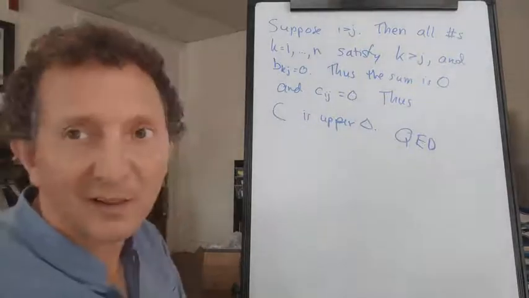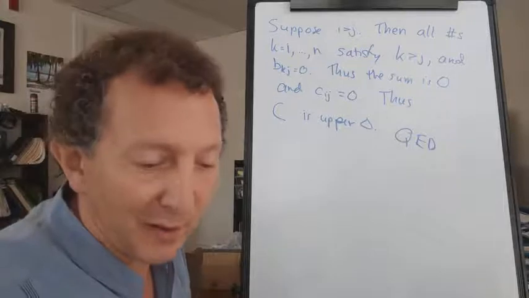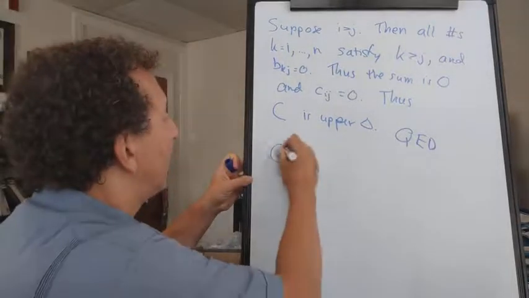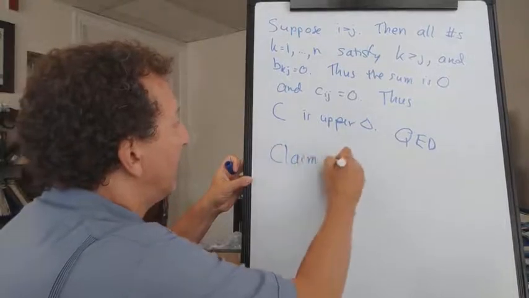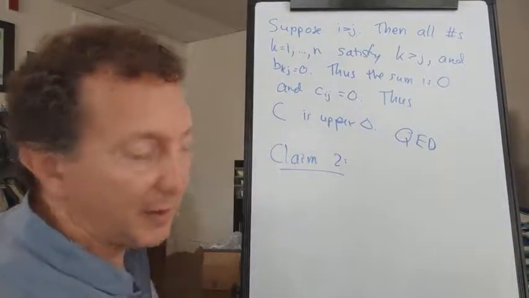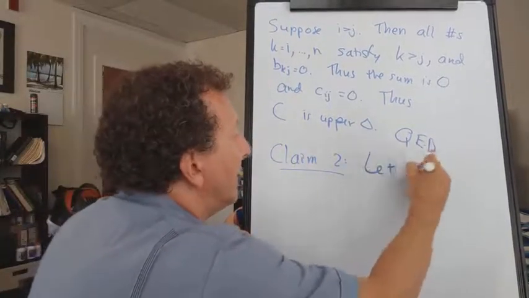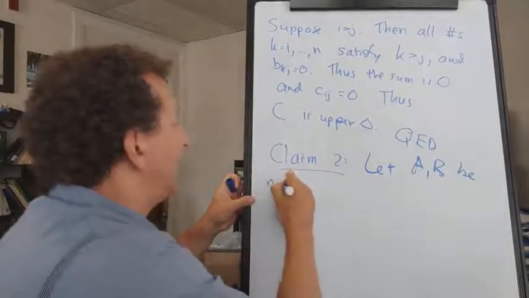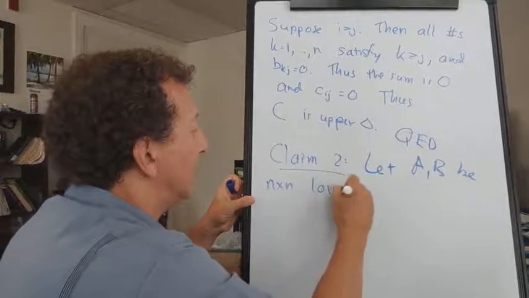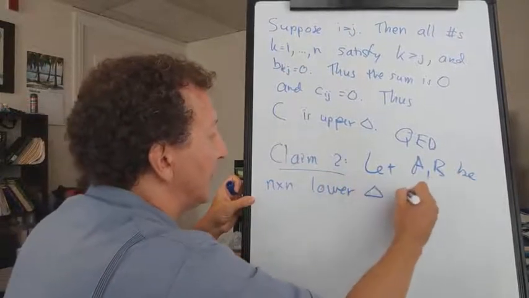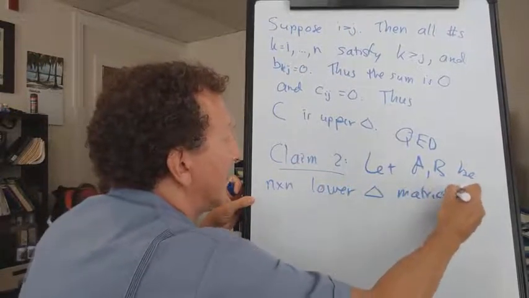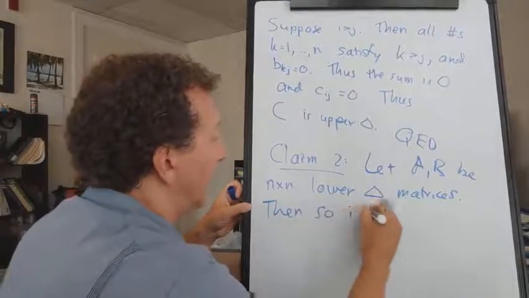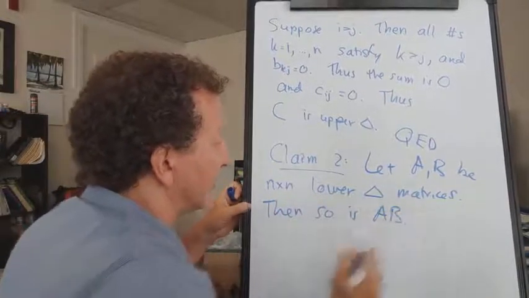I meant to call that claim 1, because now I have another claim, which I'm going to call claim 2. Let A and B be n by n lower triangular matrices. Then so is their product.